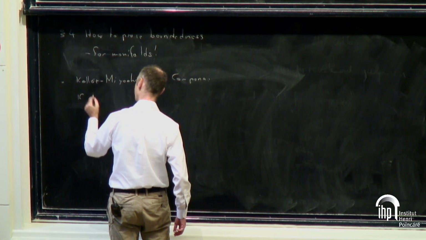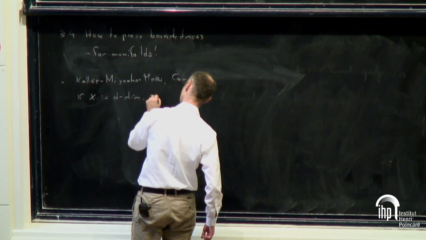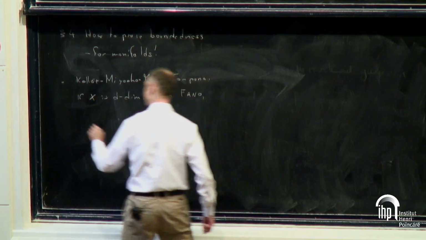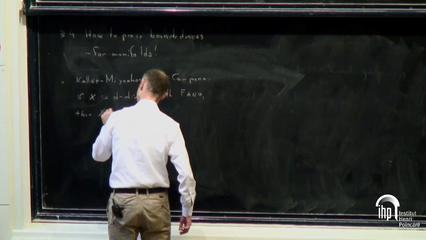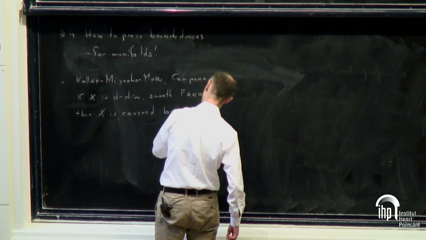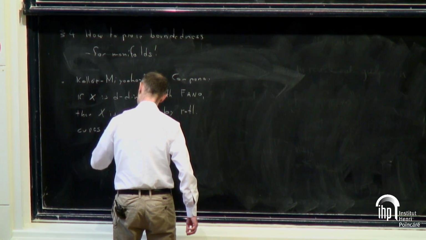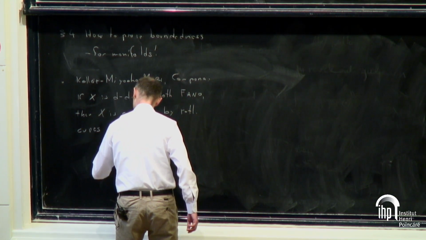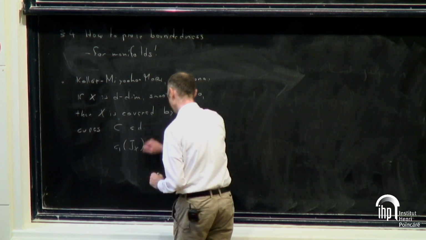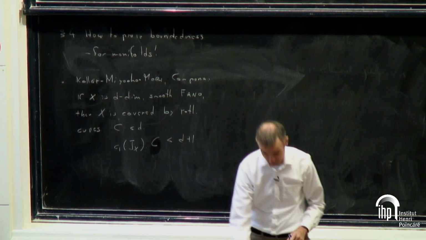So if X is a d-dimensional smooth Fano, then X is covered by rational curves C such that the first Chern class of the tangent bundle times C is less than d plus 1, I hope.